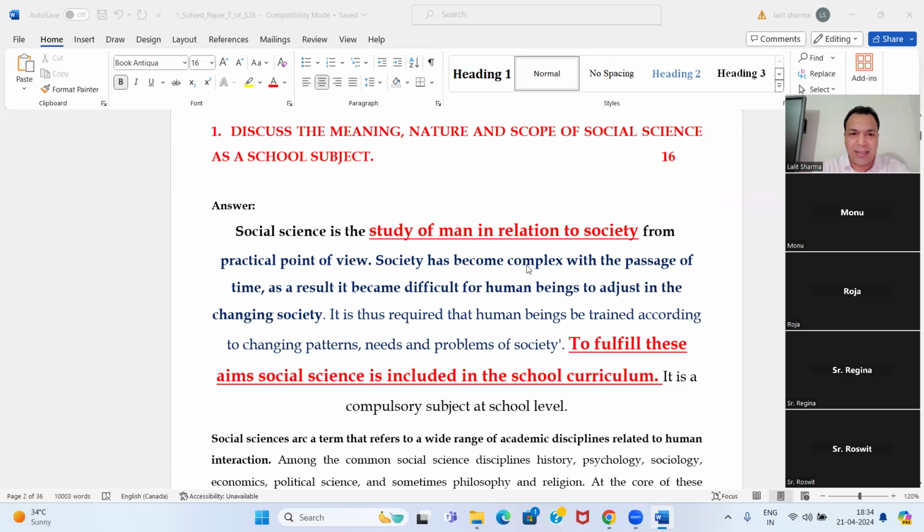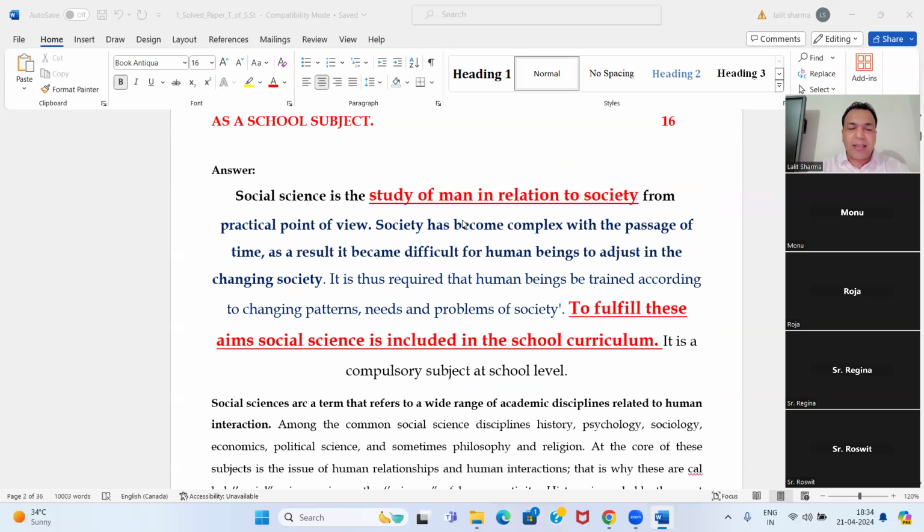So social science क्या चीज है? Social science is the study of man in relation to society, right? From a practical point of view, society has become more complex with the passage of time. As a result, it became difficult for human beings to adjust in the changing society.